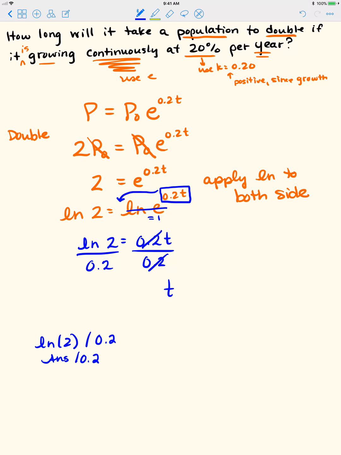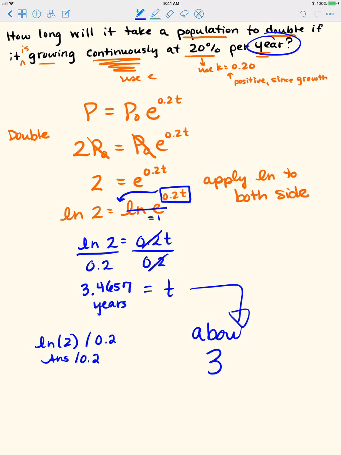And you get the time is about 3.4657, and it's in years, right, per year. So ballpark, it would take about 3.5 years for the population to double if it's grown at this rate.